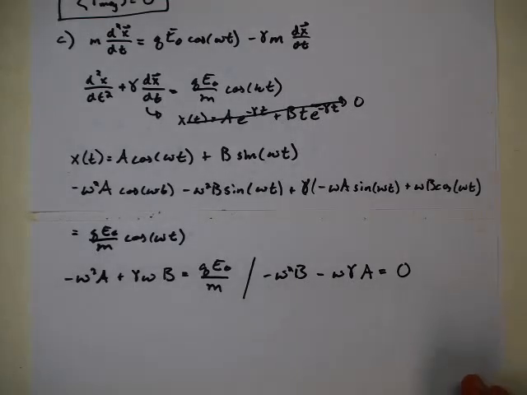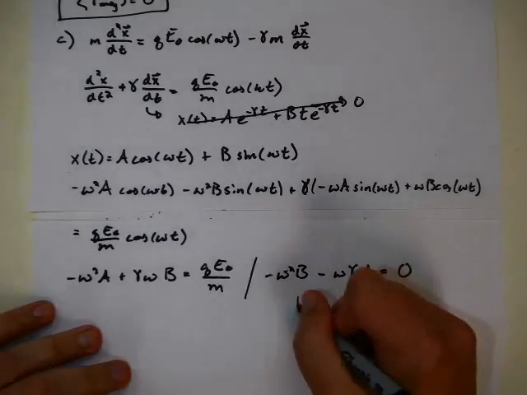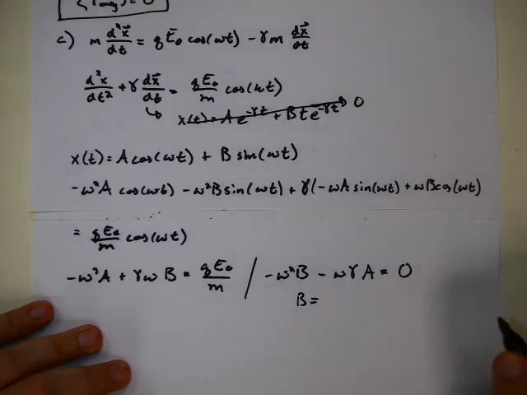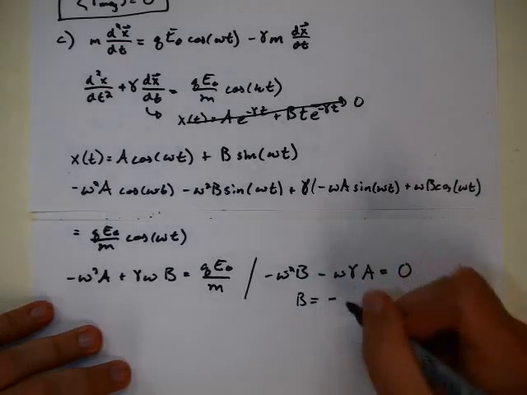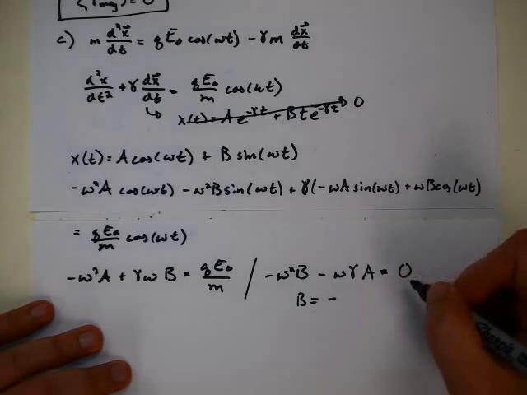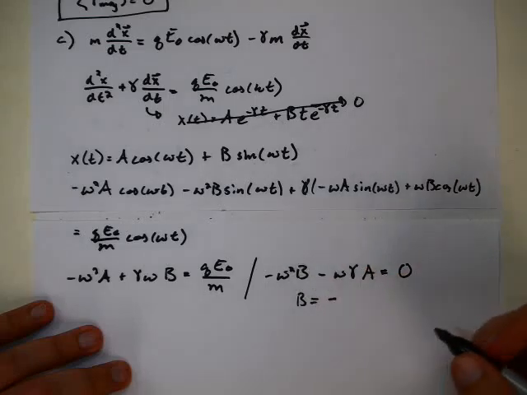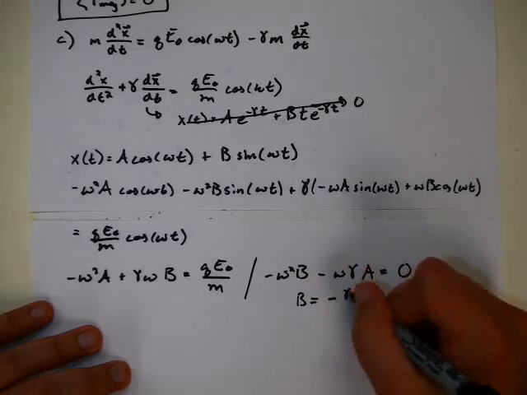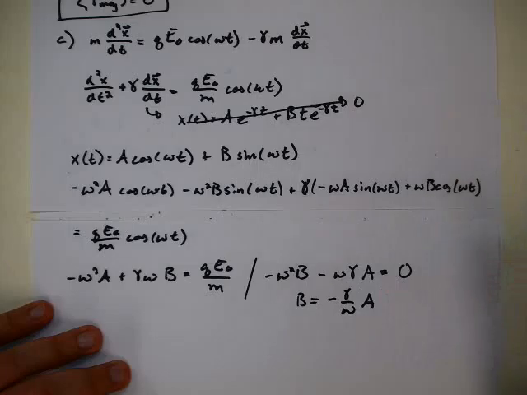This isn't too bad for us. This is actually pretty nice. We can say b is going to be equal to minus, when we pull that to the other side we get positive, but then when we divide by the minus omega squared, we get minus again, gamma over omega a.